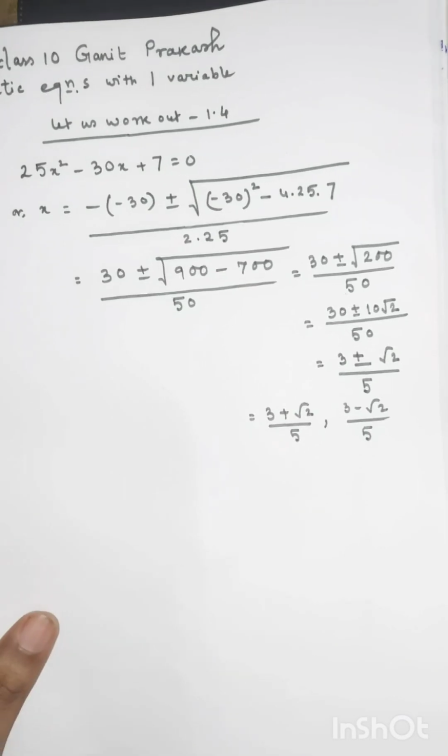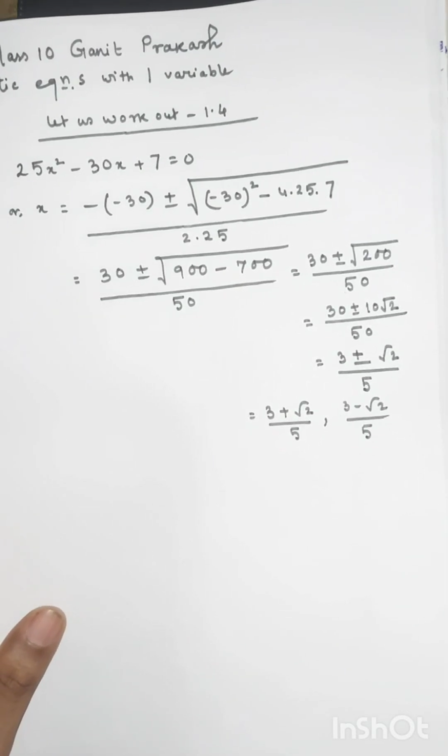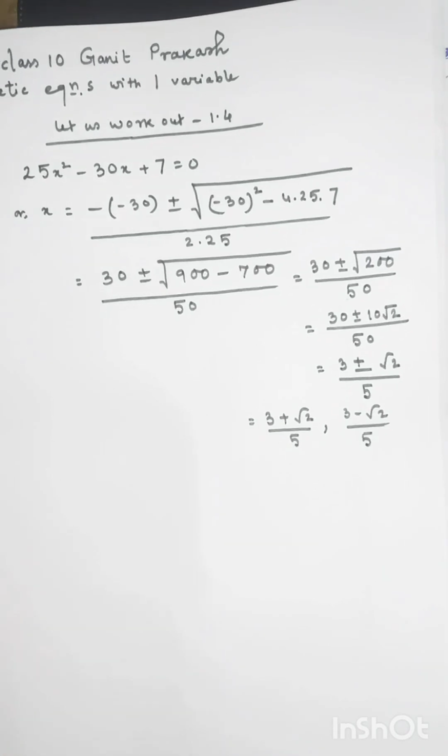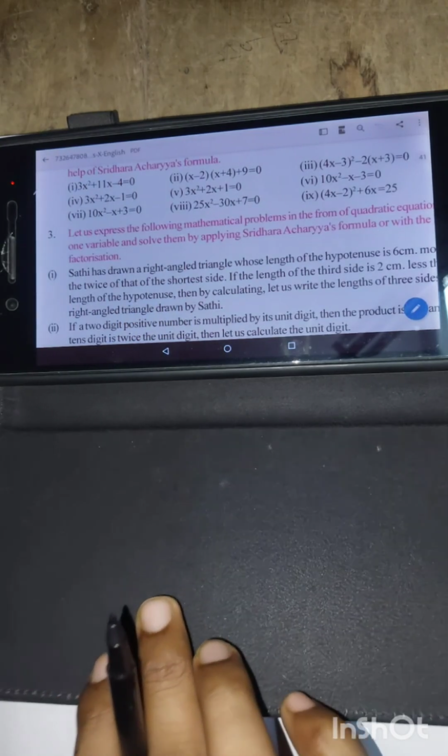Now friends, let us proceed to our next question, that is Roman 9 of question number 2. Question number Roman 9 is (4x square minus 2) whole square plus 6x equal to 25. So let us copy it.